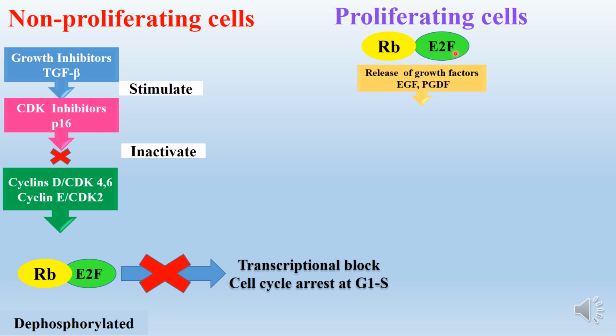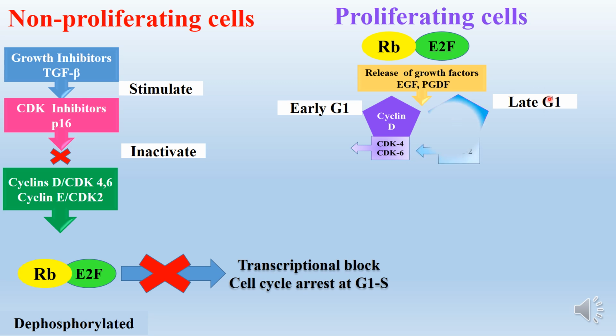In normal condition, there is release of growth factors EGF and PDGF, that is epidermal growth factor and platelet derived growth factor at the early G1 phase, and because of this the cyclin D CDK4 CDK6 complex is formed at the late G1 phase, and there is also formation of cyclin E and CDK2 complex. These two cyclins are able to phosphorylate retinoblastoma protein.